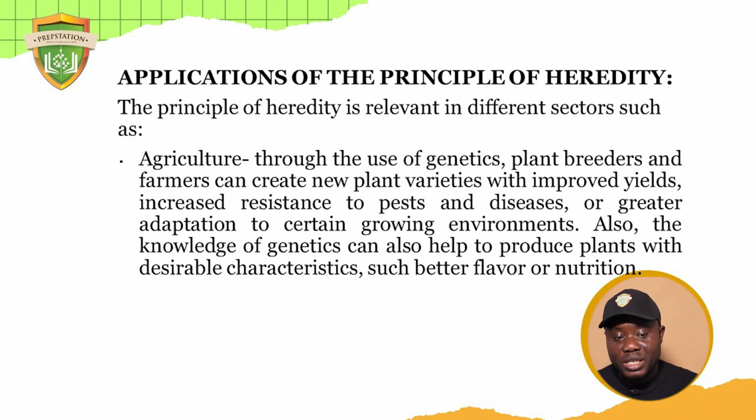Now, through the use of genetics, plant breeders and farmers can create new plant varieties with improved yields, increased resistance to pests and diseases, or greater adaptation to certain growing environments. What am I talking about?